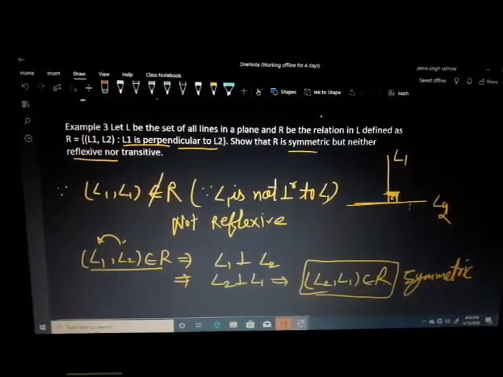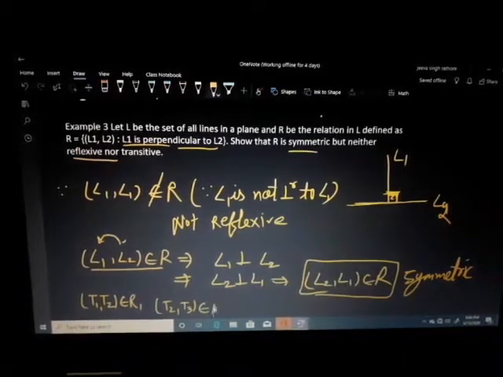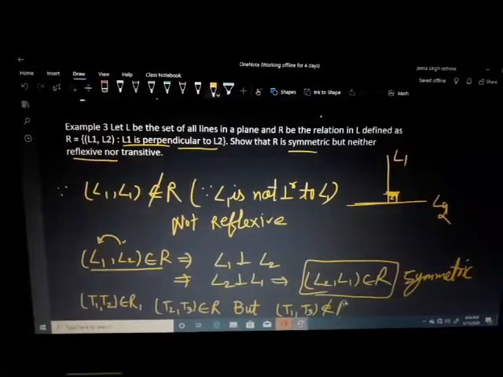Next we have to check whether it is transitive or not. For example, suppose L1 comma L2 belongs to relation R, and L2 comma L3 also belongs to R, but L1 comma L3 does not belong to R. Why?